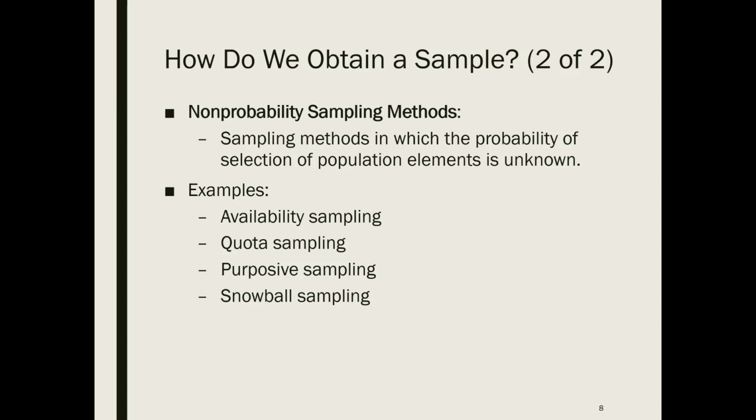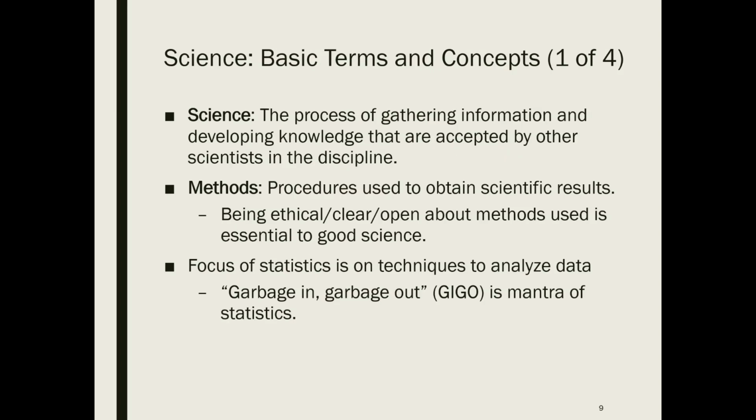But in some cases, purposive or snowball sampling may be the only way we can conduct our research, and they are most likely used in qualitative research. So there's no absolutely correct way to do sampling. You just have to pick the most fitting sampling method.